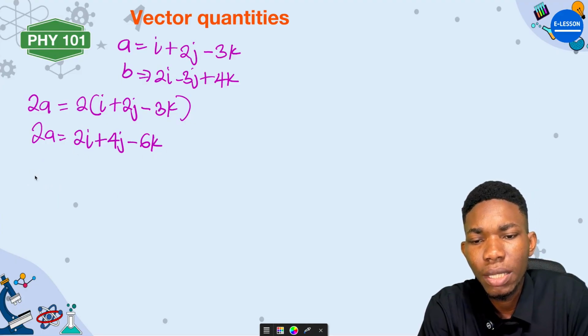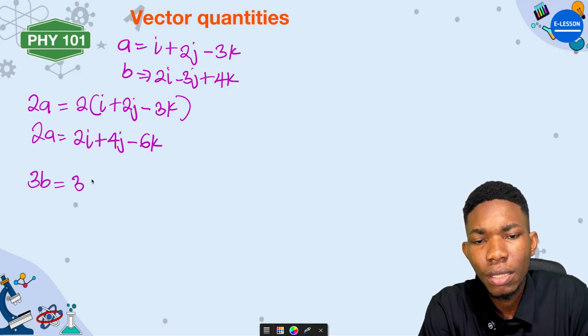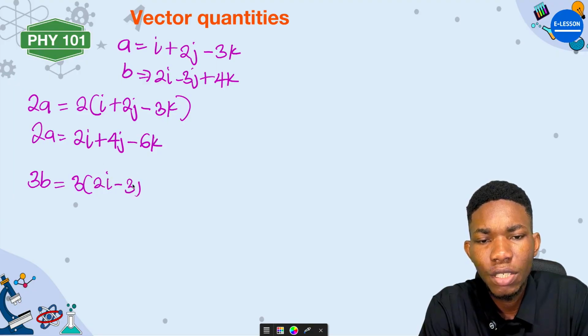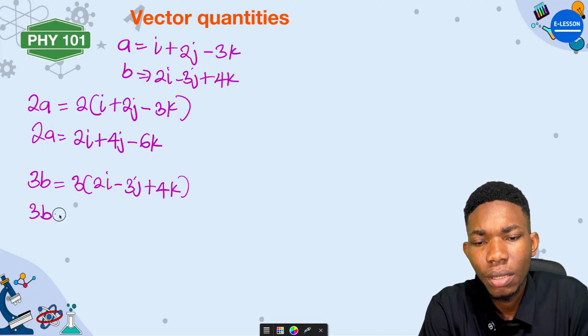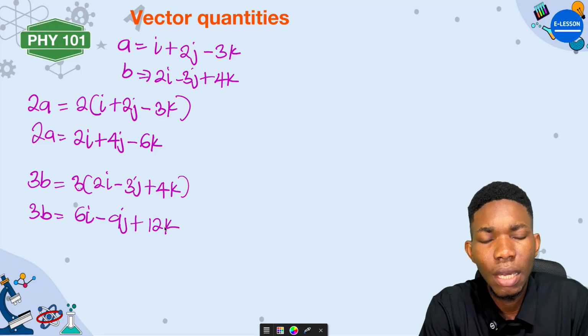Then the next one is 3b. How do we get 3b? 3b means you should use 3 to multiply everything you have there. 2i minus 3j plus 4k, my dear student. So 3b will be equals to 3 times this will give us 6i minus 9j plus 12k.